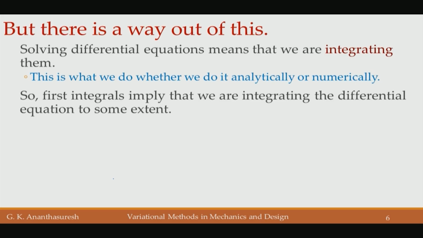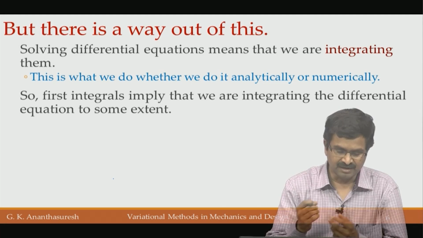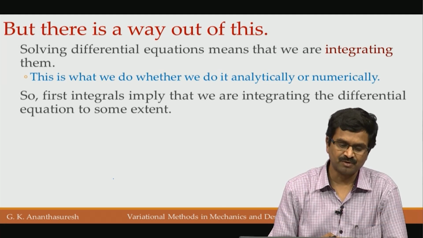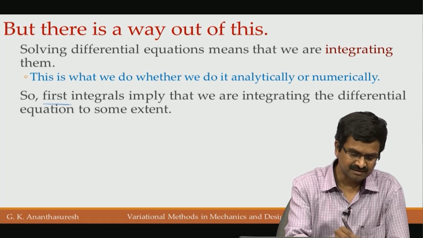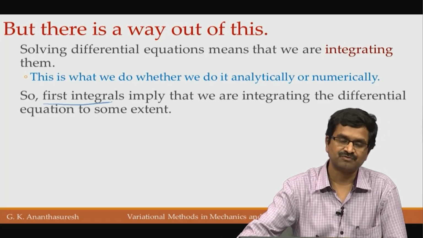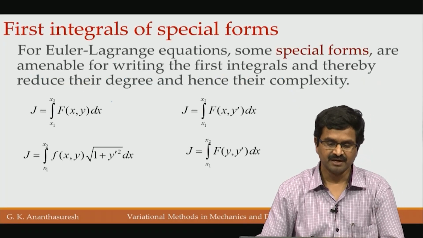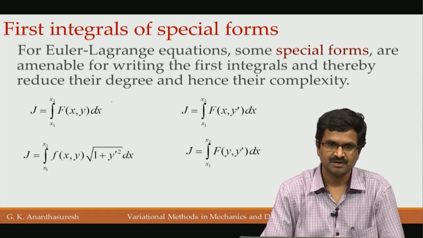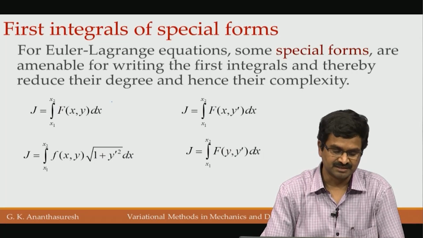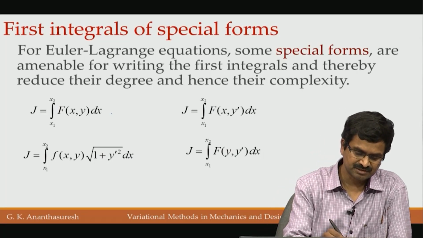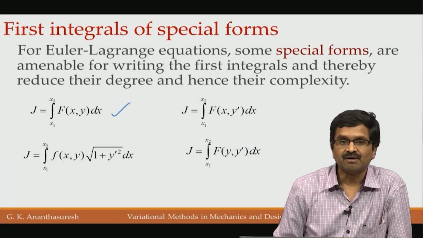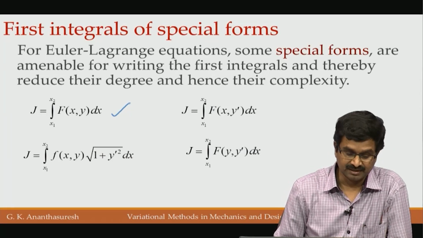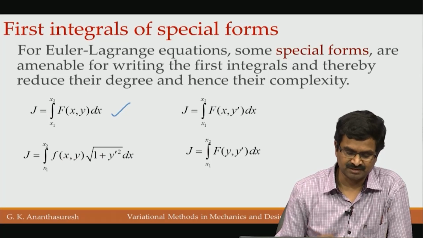Okay. So, to do it analytically, we need to look at a few special forms that enable you to do this analytically by computing these first integrals. Okay. These are the special forms for which you can do it easily. So, there is this first special form where the integrand depends on x and y only, there is no y prime, nothing, just x and y.